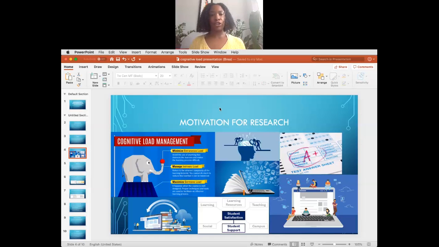Specifically, it outlines the three subsets of cognitive load management. In addition to cognitive load, these various images also relate to student satisfaction, online learning environments, student performance, cognition, motivation, as well as online instructional design. Each of these concepts were my motivations for research.